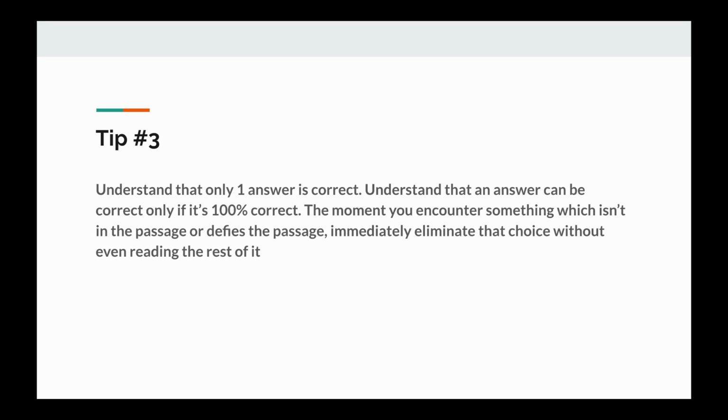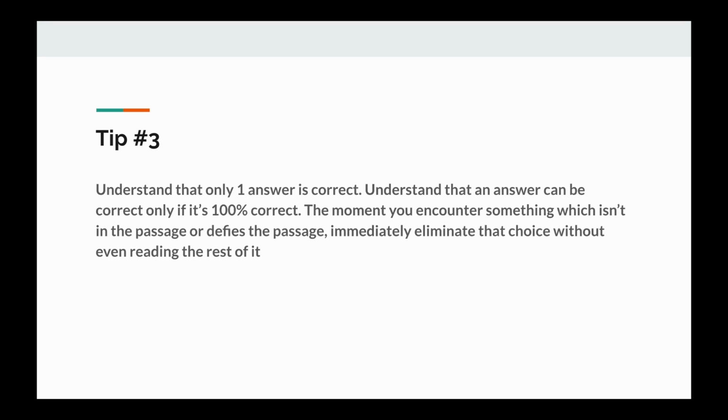You should deeply and firmly understand that an answer can be correct only if it's 100% correct. If you are going to be confident in this fact by 100%, you will be very quick at eliminating incorrect choices and noticing, finding, locating incorrect choices.